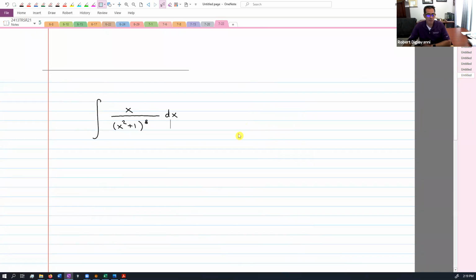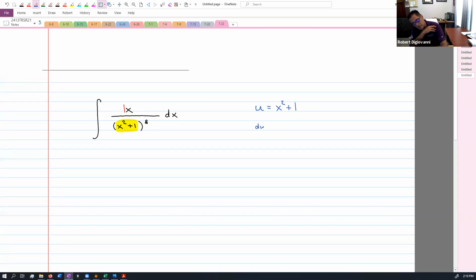Okay. So I play the same game and I notice, by looking, that if I take x squared plus 1 to be my u, the derivative of that is 2x, right? Now I don't have 2x, I have 1x, but I'm off by a constant and that's okay. Let's see why it's okay. I make my substitution, use x squared plus 1.